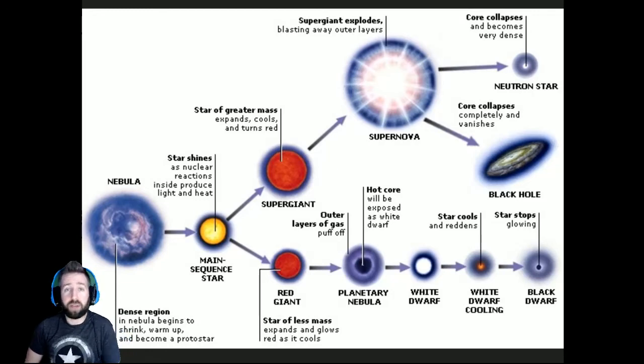And those can be extremely bright. If it's big enough, it can outshine an entire galaxy, billions of stars. So it's a pretty big event. It's pretty cool, and we have seen them. Ancient people have seen them.